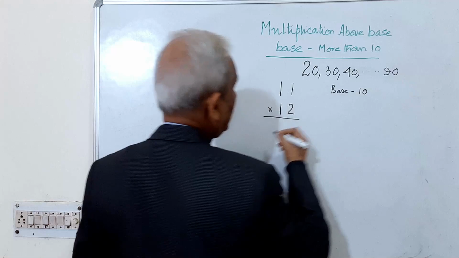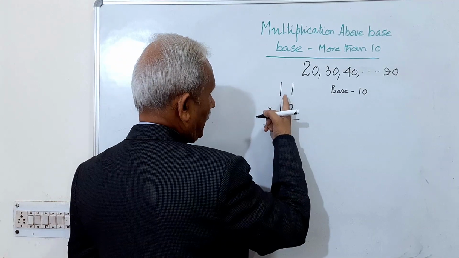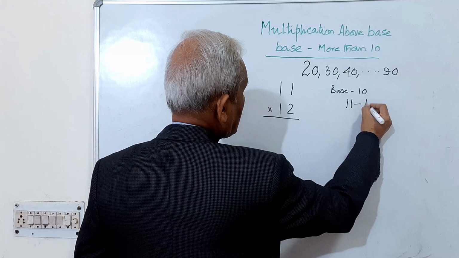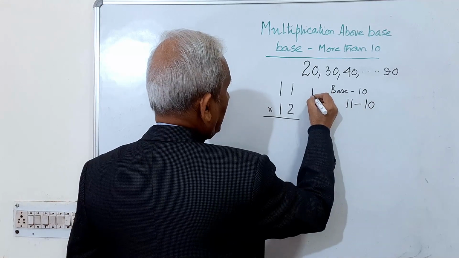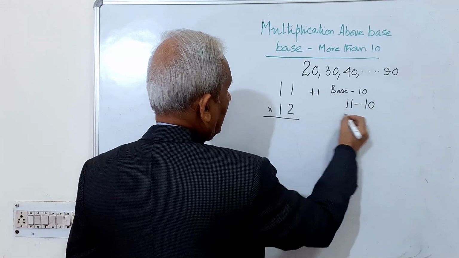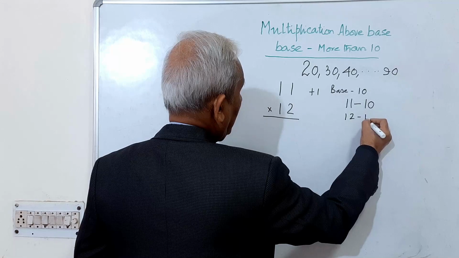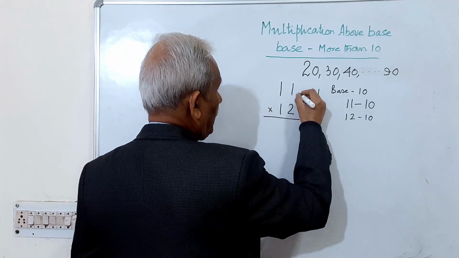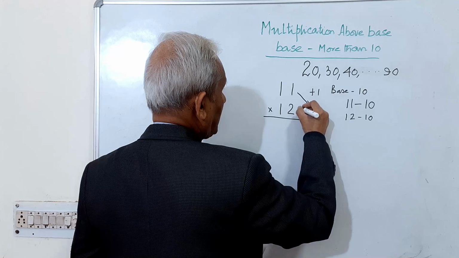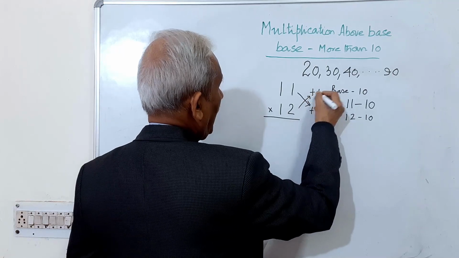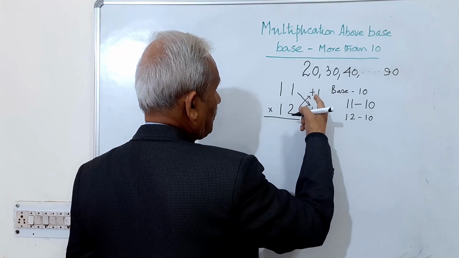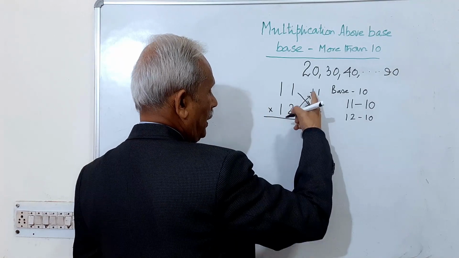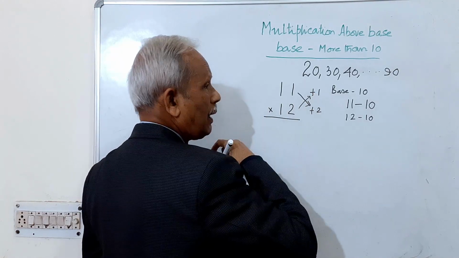What we did: the difference of 11 from the base, 11 minus 10 is plus 1, and 12 minus 10 is plus 2. Then we make cross addition here because it is a positive sign. If it is minus, it is cross subtraction. If it is plus, it is cross addition.